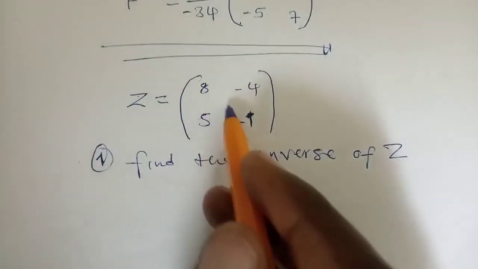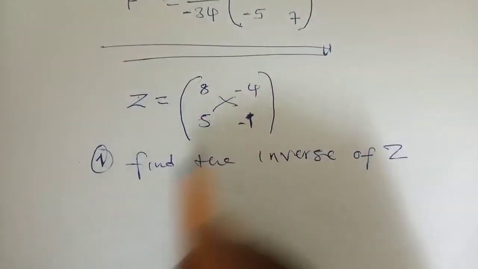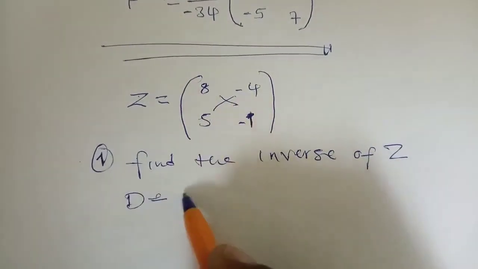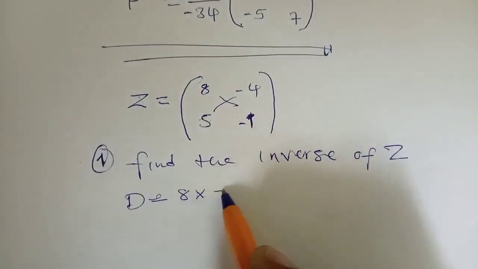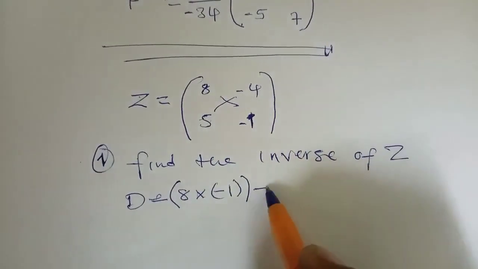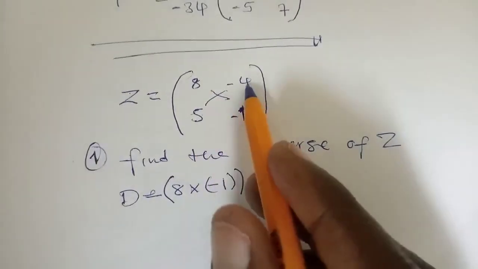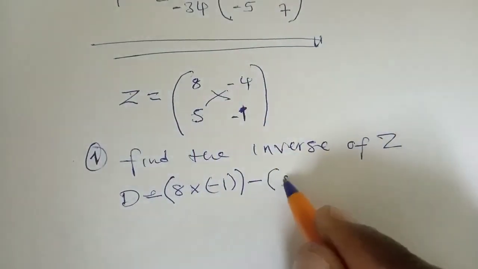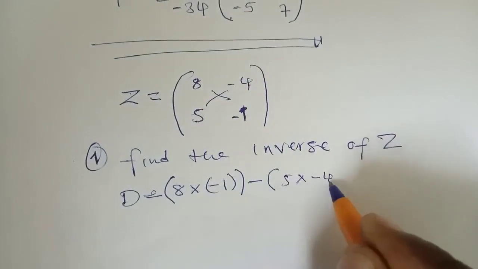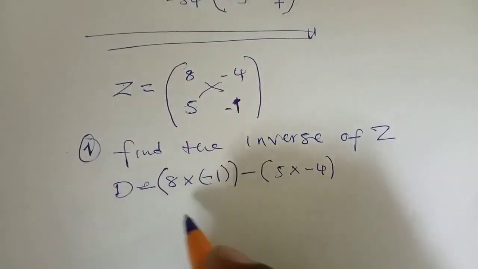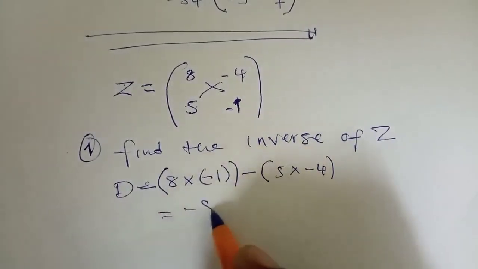So the determinant, we multiply this. The determinant is equal to 8 times -1, then minus 5 times -4. So 8 times -1 is -8.